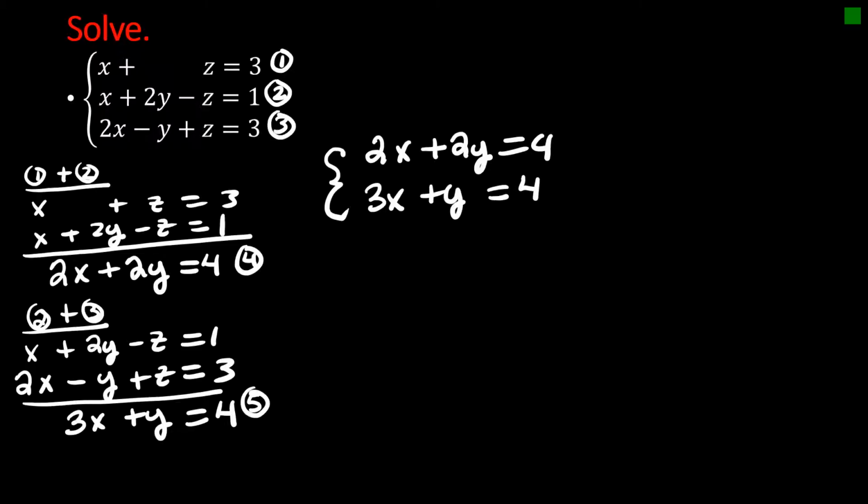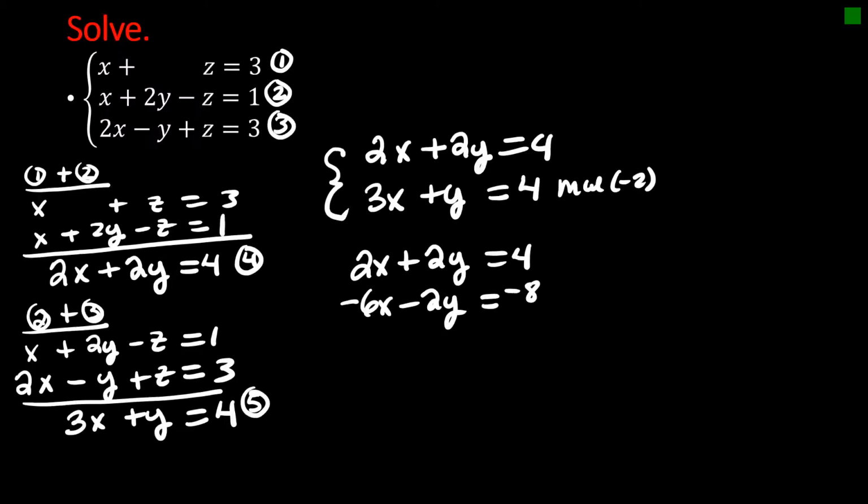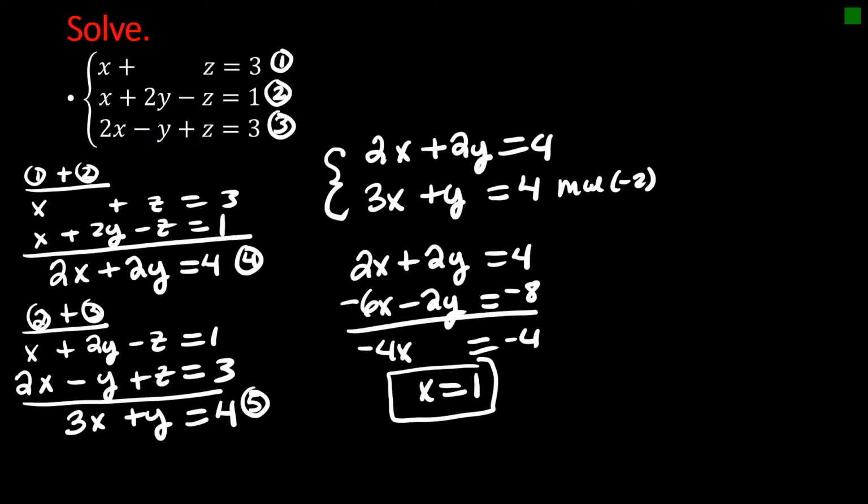So if I choose to eliminate my y's here, if I multiply the second one by negative 2, my first one stays the same. Negative 2 times my second equation here is negative 6x minus 2y equals negative 8. When I add, I get negative 4x equals negative 4. So x is positive 1.